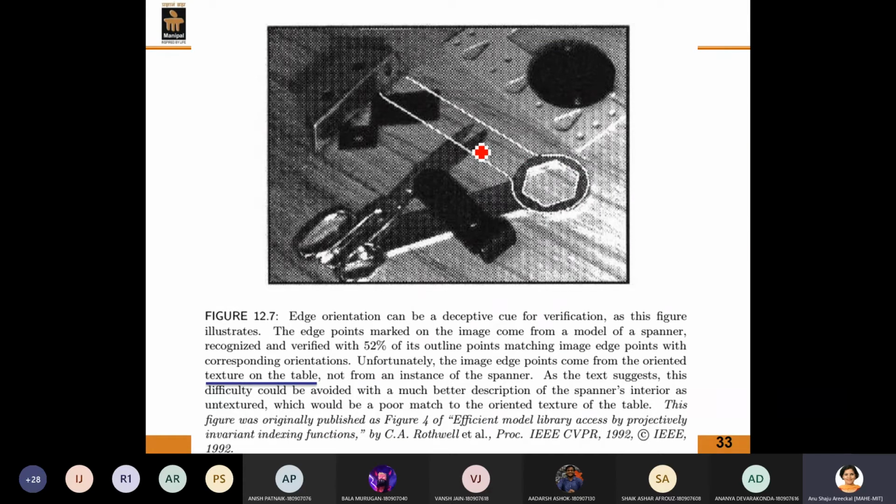The reason being that the texture which is present below these white borders that you see here has some slight changes in the intensity, and because of this it is identified as false edges, and you get a high matching score. So sometimes such false identification of the borders also causes errors in this particular approach. So we need to be careful when we are trying to use this.